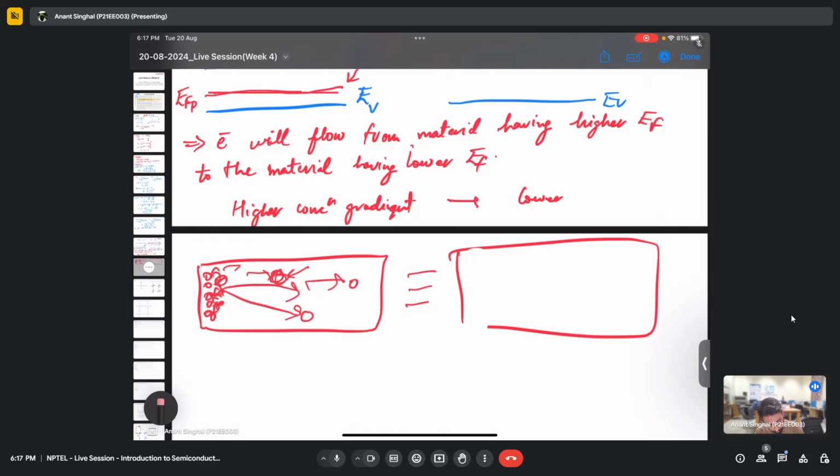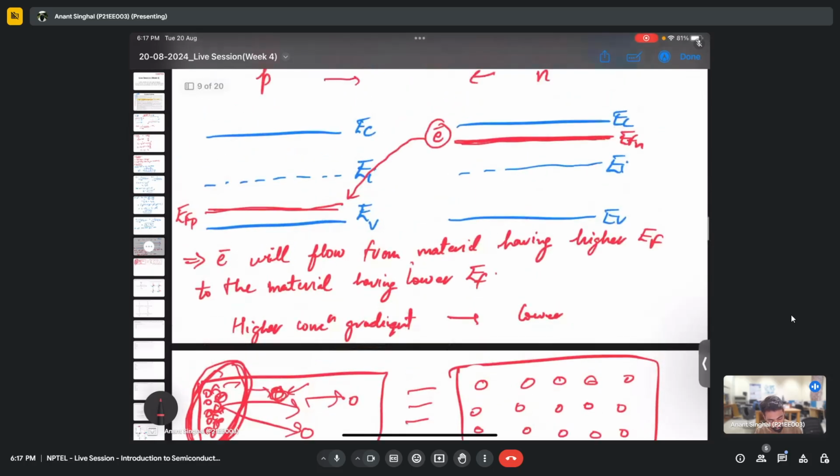After some time, the room will be like this. The movement of these particles will be more as compared to those. This is the analogy here also. Because we have a higher concentration, or a higher energy level, we will have more electrons present, so the electron always moves from higher energy level or higher Fermi level to a lower Fermi level.